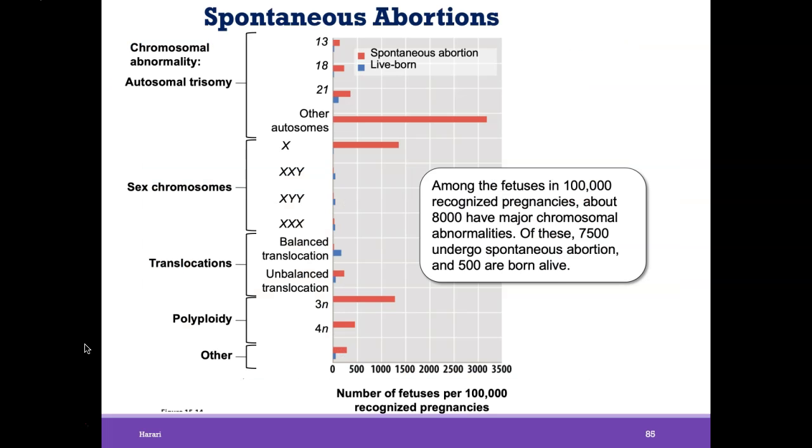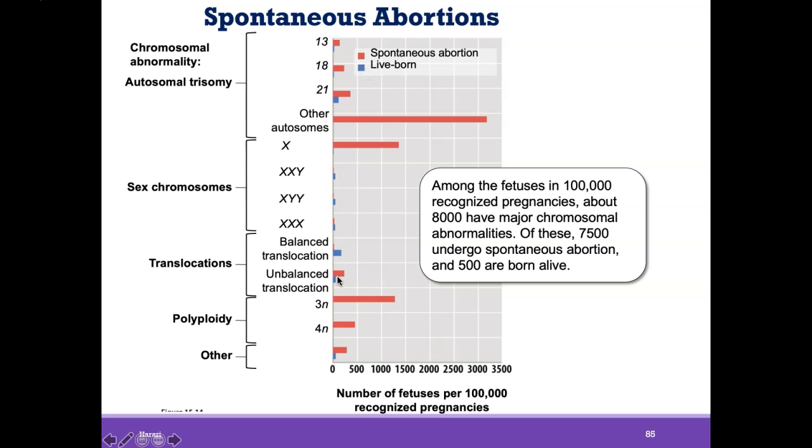This is an interesting chart that shows a range of different chromosomal abnormalities and how many fetuses per 100,000 pregnancies are either aborted spontaneously because of these abnormalities, or are able to be born.